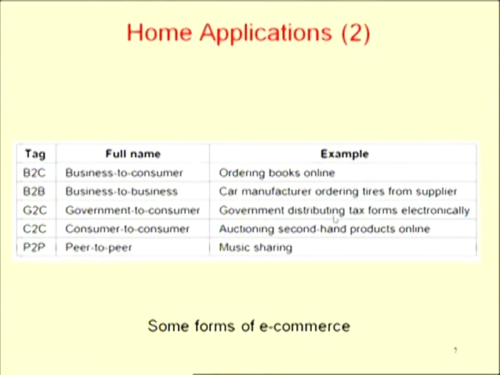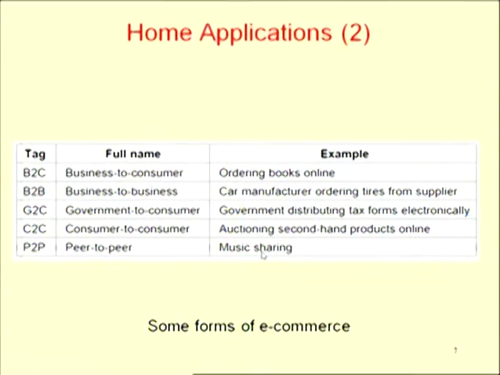And third is government to consumer. If you pay tax, if you pay income tax online, then it is nothing but a G to C application. Consumer to consumer: if you sell something on auctioning sites or classified sites, they are auctioning second-hand products online. So that is nothing but an example of a consumer to consumer application.